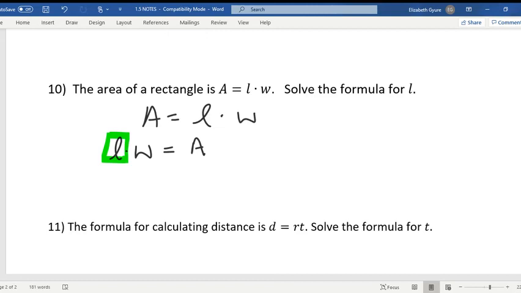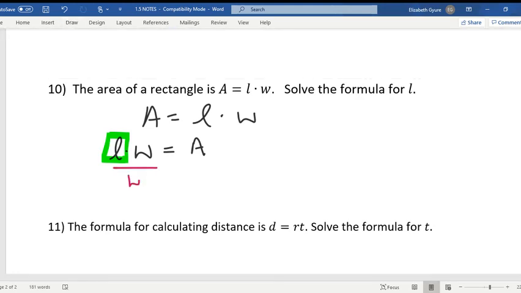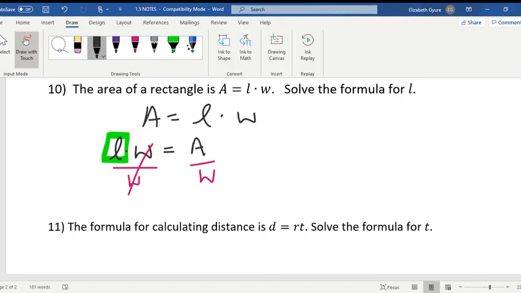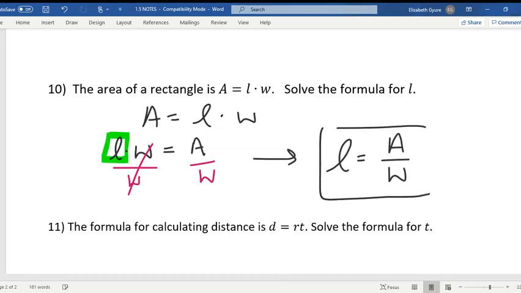You divide. So we are going to divide both sides by W. Again, treat it just like it's a number. Your W's on the left will cancel, and you will just have L equals A over W. Because can you combine an A with a W? No. So that's that.